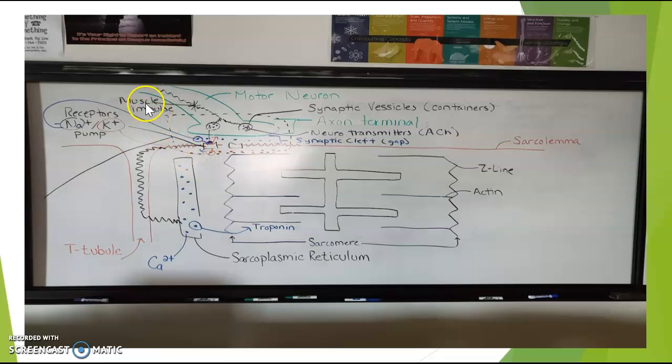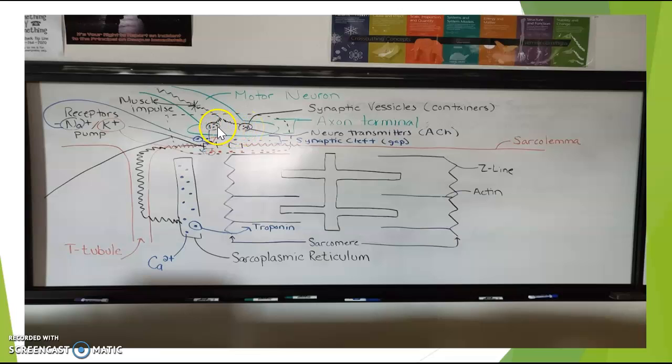It starts with the muscle impulse, also known as a nerve impulse. It travels down the axon, down the motor neuron, I should say, and it is electricity. When the electricity or impulse reaches the axon terminal, it strikes the synaptic vesicles, which are the containers, and that causes the acetylcholine, or ACH, to be released.